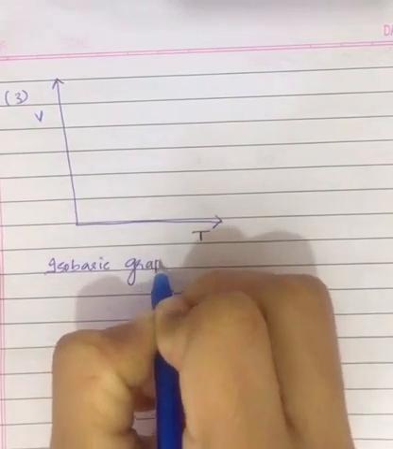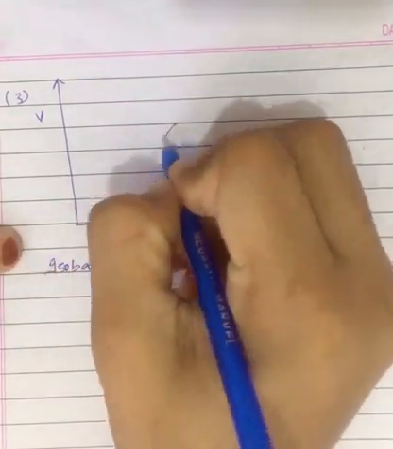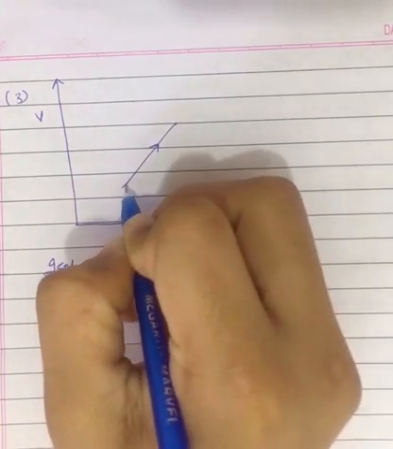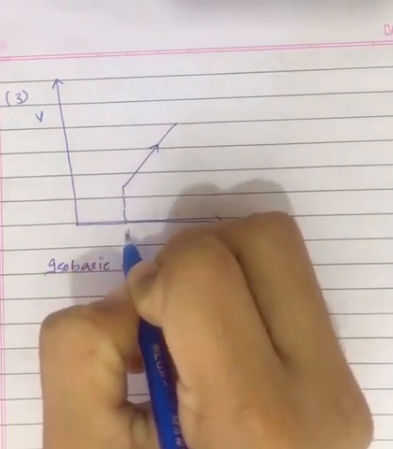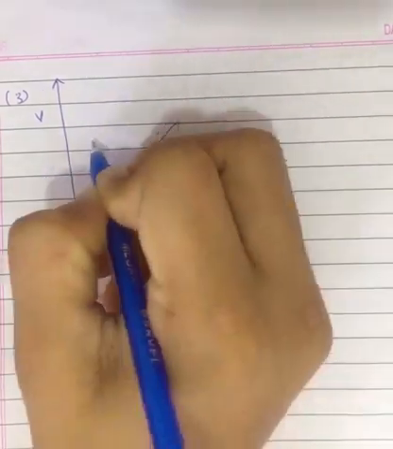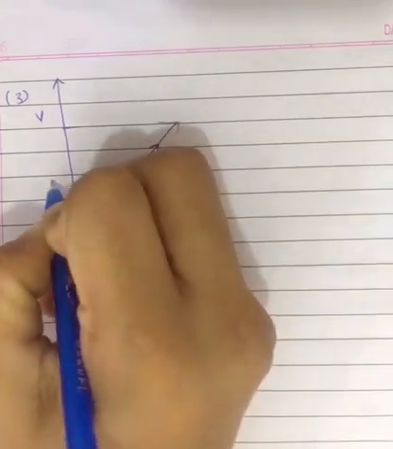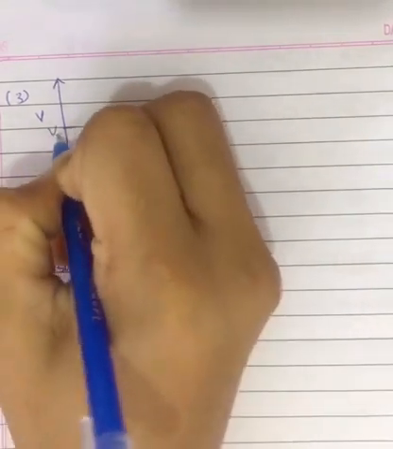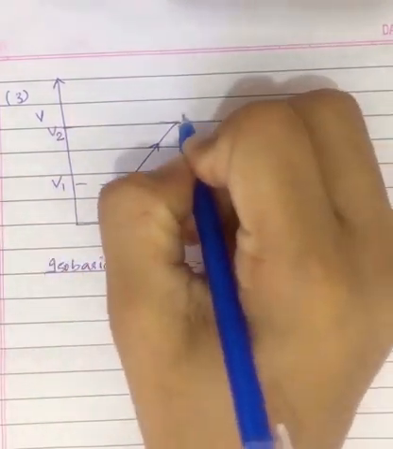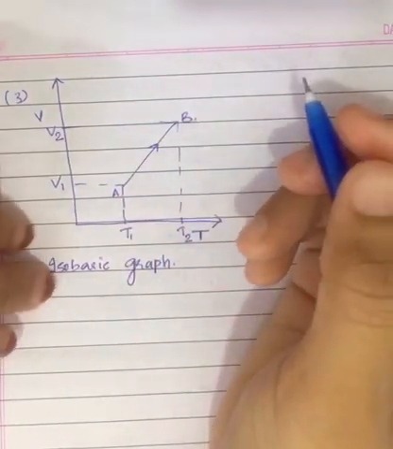For the isobaric process, pressure is constant, so it is having a new scale of temperature which is called absolute temperature, that is T1, T2, and the volume also varies because the pressure is constant, V1, V2. So A, B. Okay.